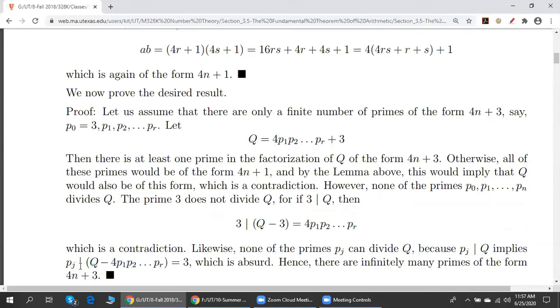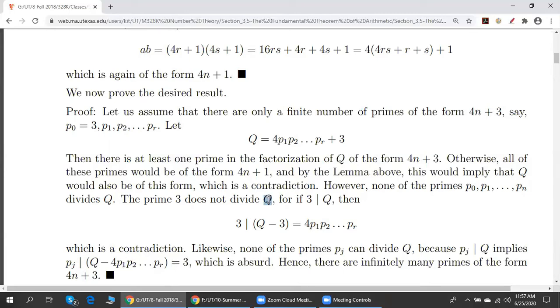Now, since some pj from this list divides q, and since pj is one of these numbers, pj divides the whole expression. But this expression is equal to 3.